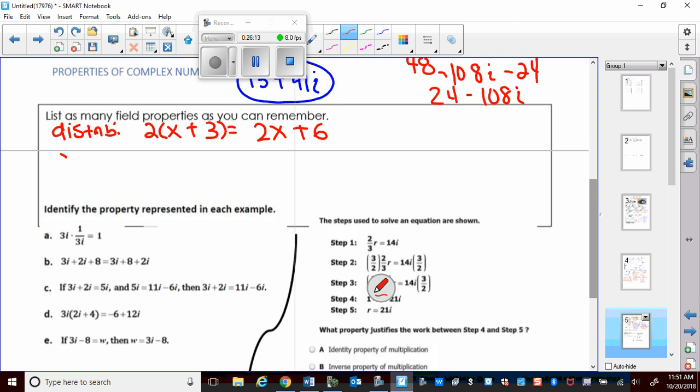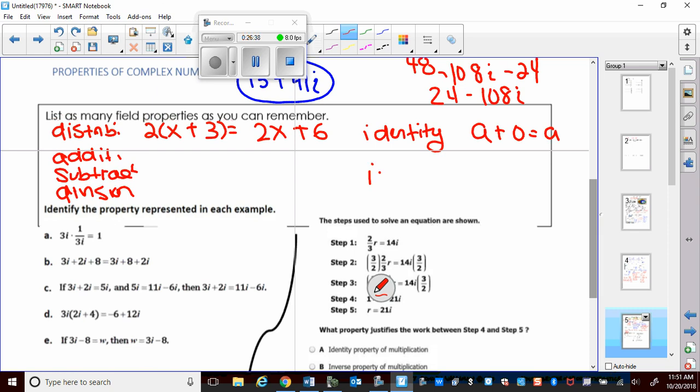There's also addition, subtraction, where you're subtracting on both sides. There's division, where you're dividing on both sides. And there's the identity property, where you're just adding a number to 0 and producing that number.